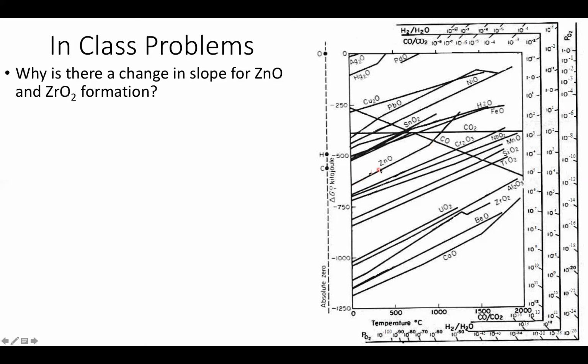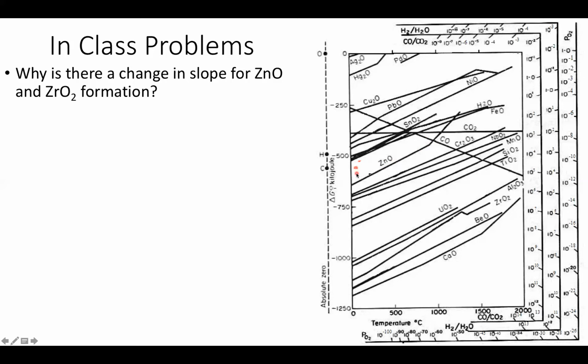Because now I suddenly go from this reaction becoming less favored at a constant rate, where the slope will be due almost entirely to the entropy of reaction, to a point where it quickly becomes much less favored. And the reason why is at this point, I don't go from solid zinc and gaseous oxygen forming solid zinc oxide.